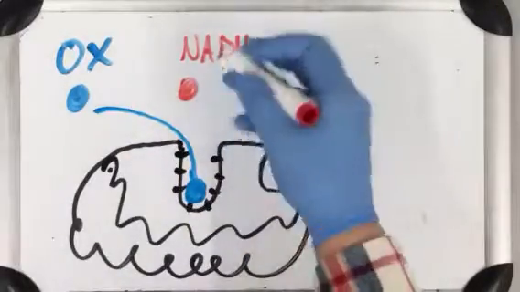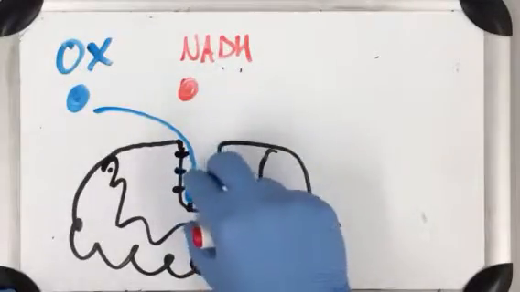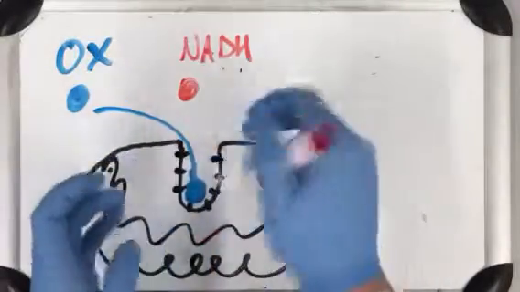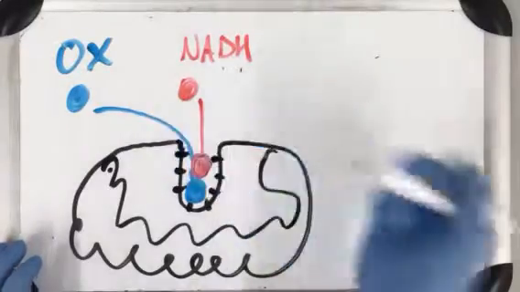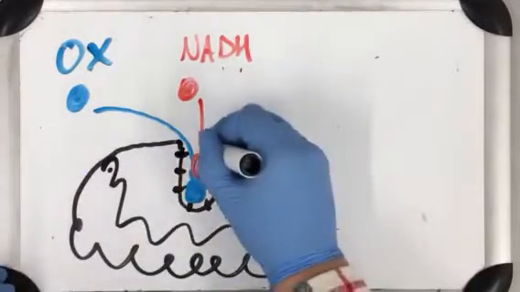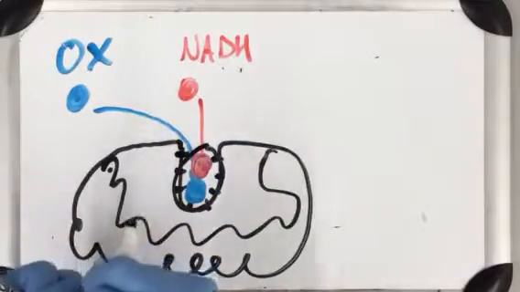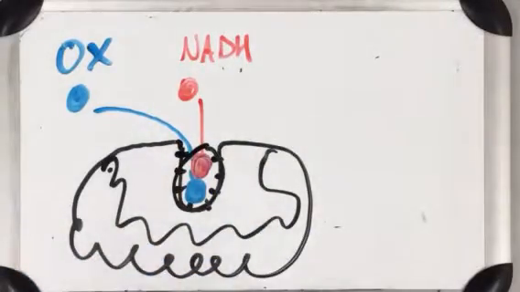And after the oxalacetate binds, there's a small conformational change that opens up R groups that NADH can bind to. Now these two sources are together, and they're forced together and that reaction is forced to occur.